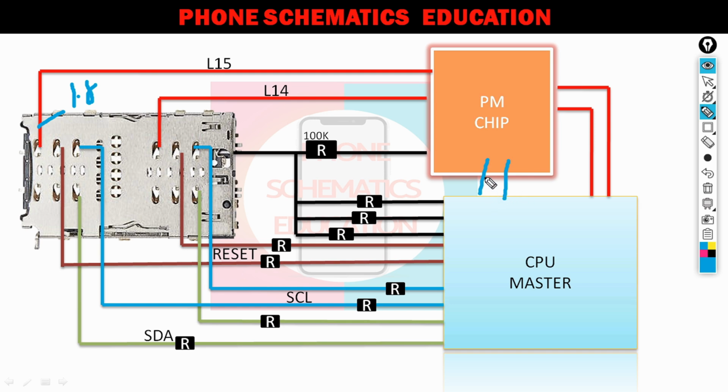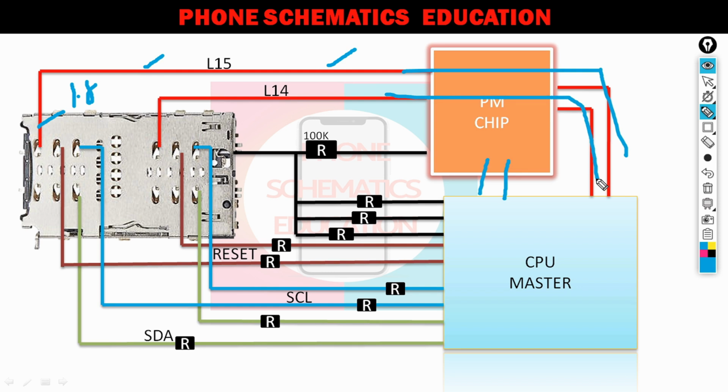After that the CPU, through SDA and SCL, disables the main voltages from the power IC. The CPU commands the power chip to disable the voltages from the SIM circuit. After that you will see there is no voltage. Clear? Because the CPU senses through these same lines whether the power gives voltage to the SIM circuit or not.